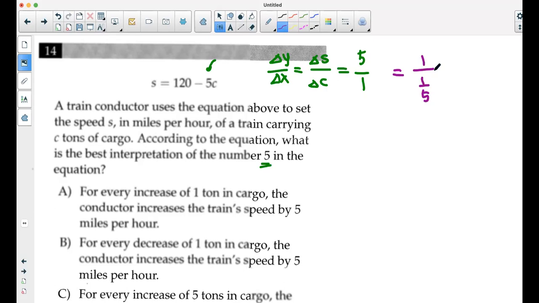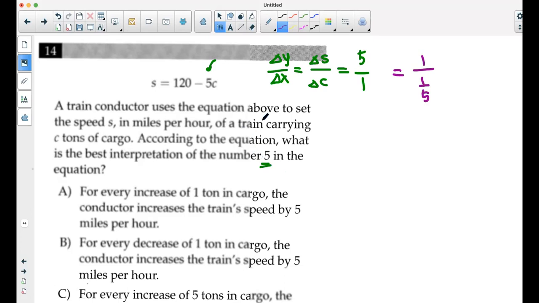Now, as I told you before, technically, the way it is written here, they excluded the negative sign. Because what the negative sign means is that as the cargo goes up, speed will go down. That concept is made by the negative sign, but they intentionally took that off.